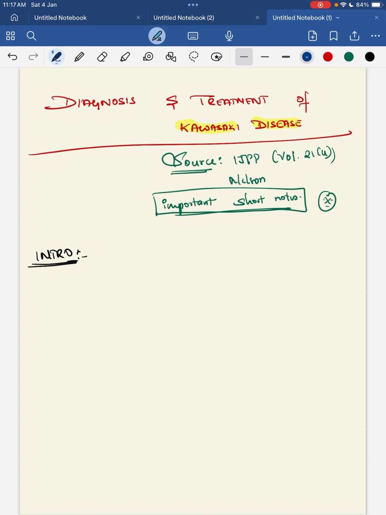Starting with the introduction, Kawasaki disease is also known as mucocutaneous lymph node syndrome.